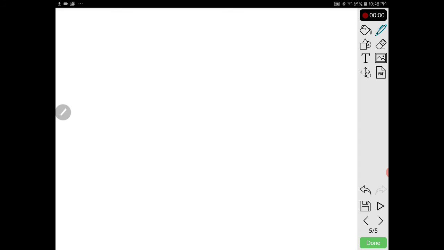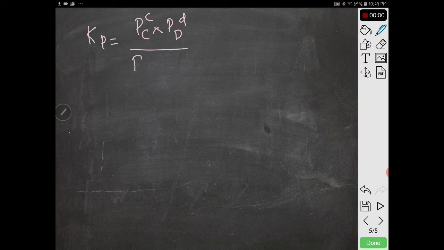So if you take the equation, that is Kp is equal to partial pressure of C raised to c into partial pressure of D raised to d divided by partial pressure of A raised to a into partial pressure of B raised to b.